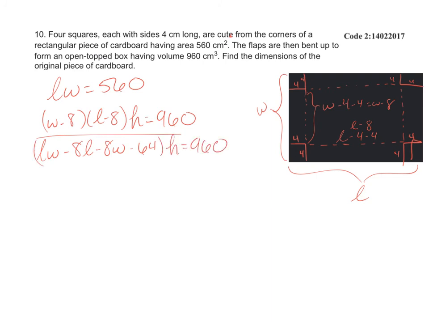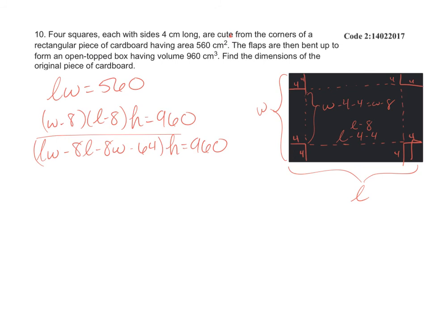And the only thing we're missing is H here. But the nice thing is that H, the height of the box itself, has to be 4, because when we fold those flaps up, remember they had a length of 4 to begin with.